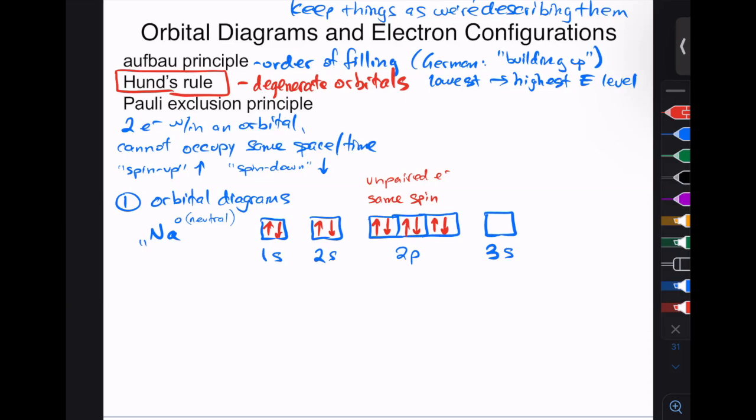When we're filling electrons into degenerate orbitals, these are going to be half filled before any of them are completely filled, or any are doubly filled.